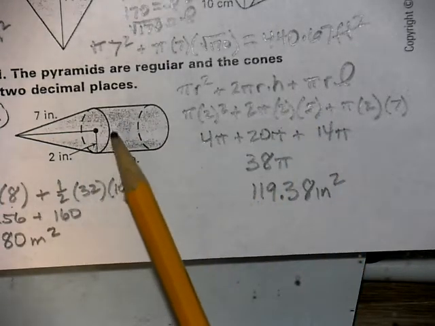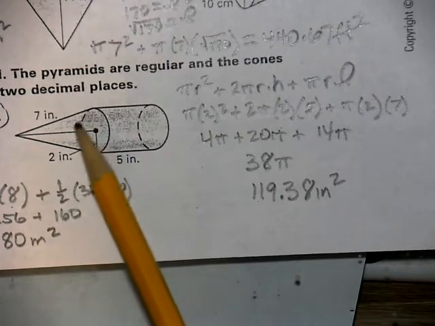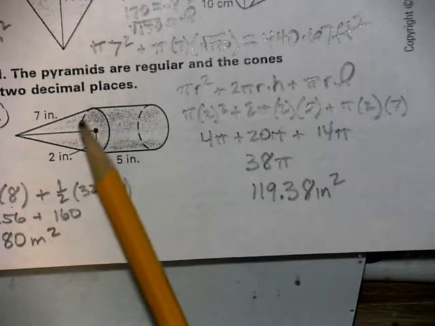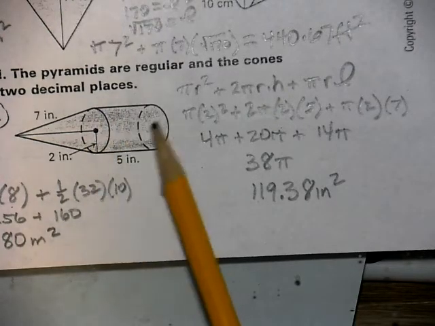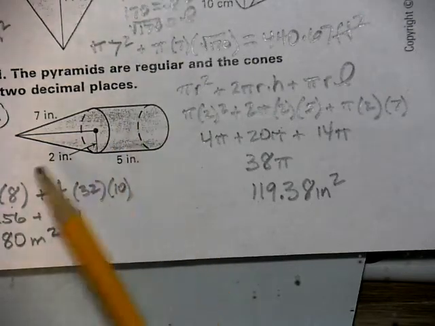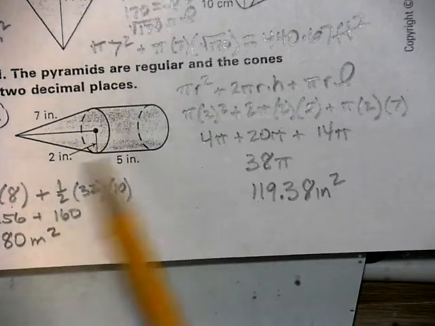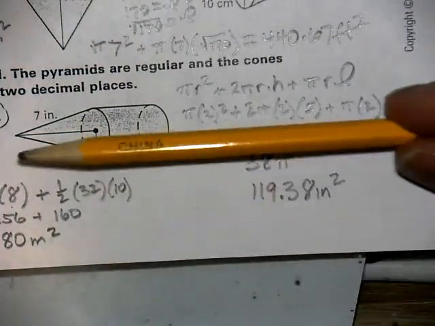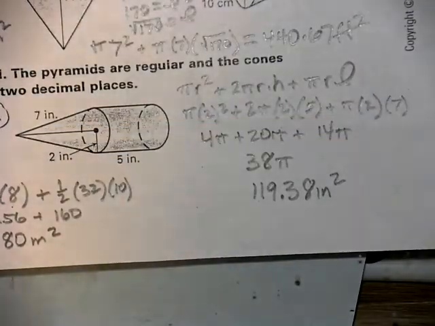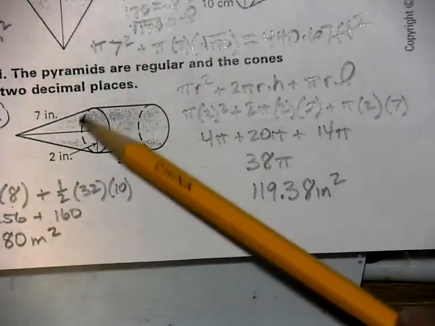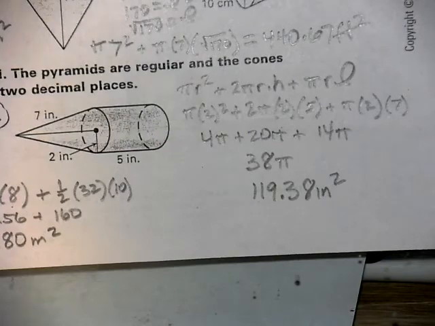Of course, we don't have to find the base of the cone, or we don't have to find the second base of the cylinder, since this pointed shape, kind of like a missile or a pen or a pencil, you wouldn't be covering that extra circle. Good luck.